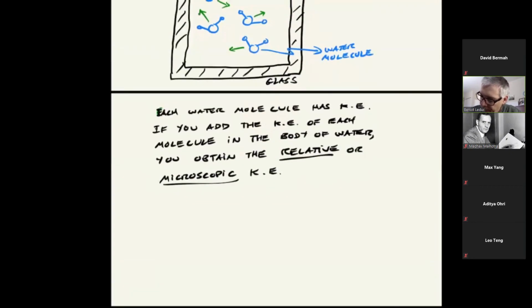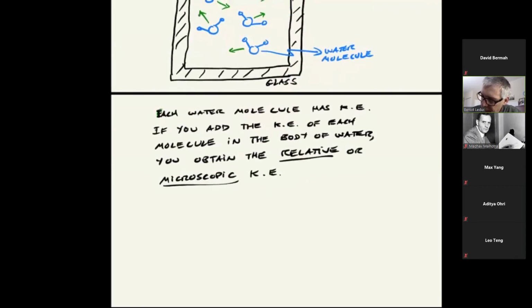So basically, the microscopic kinetic energy is equal to this. All right. So it's a summation over all the kinetic energy of each molecule here.